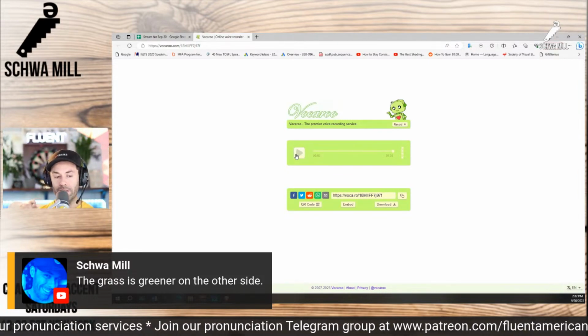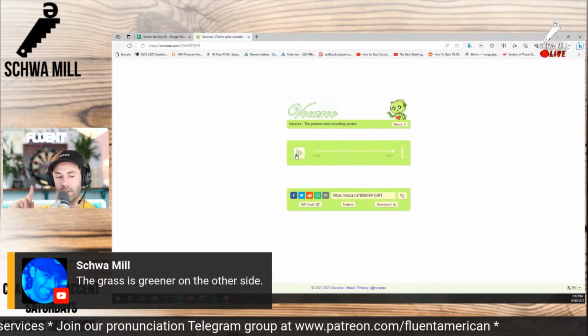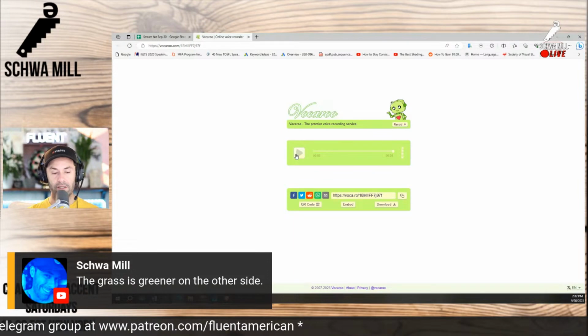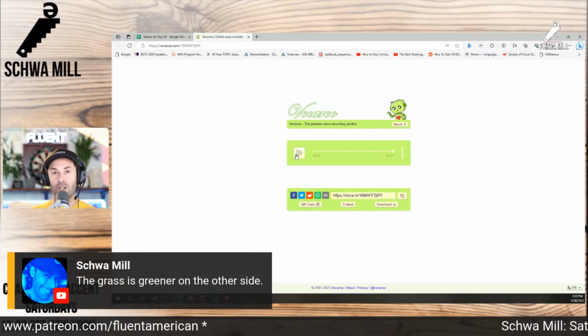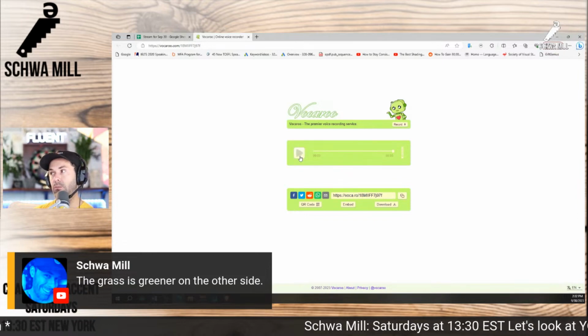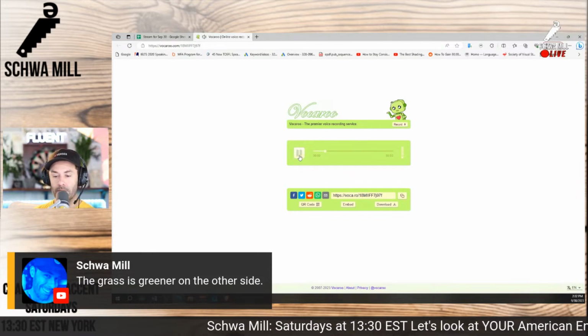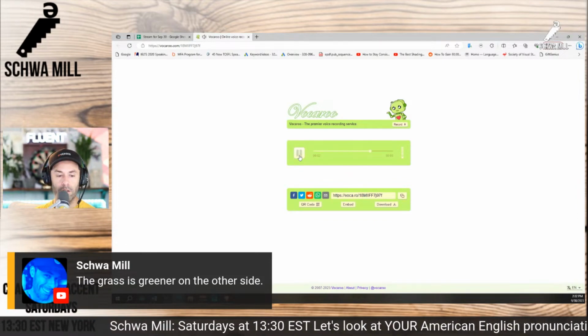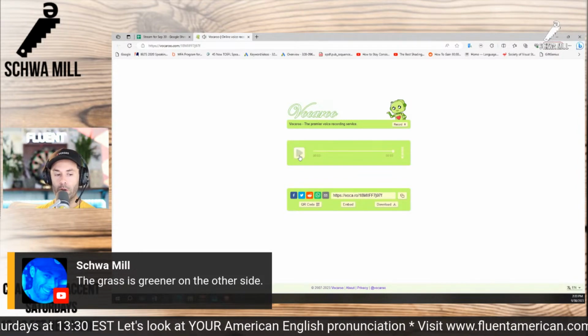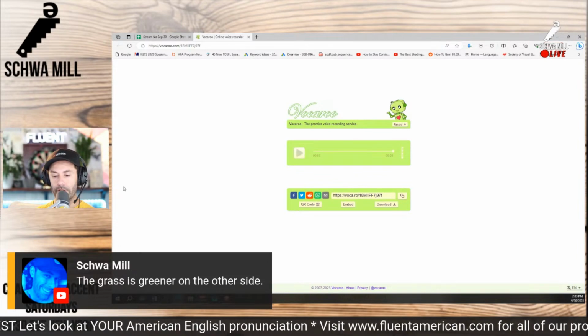Do you hear it's like going down steps, right? Down, down, down, down, up, on the other side. So increasing some of those pitch ranges and changing your pitch levels for each thought group is really going to help add some more contrast to what you're saying. The grass is green on the other side. I would especially say for other, go lower in pitch on the other.